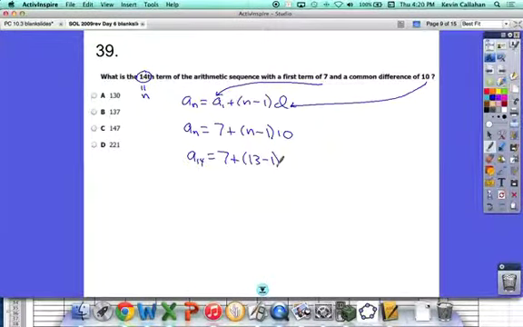Sorry, that should have been 14 minus 1. I'm getting ahead of myself. A14 equals 7 plus 14 minus 1 times 10. So A14 equals 7 plus 13 times 10, which is 137.